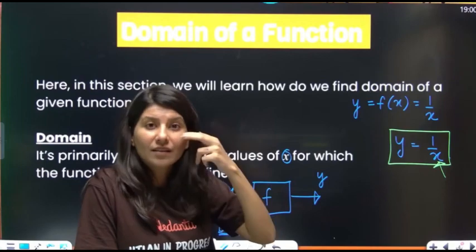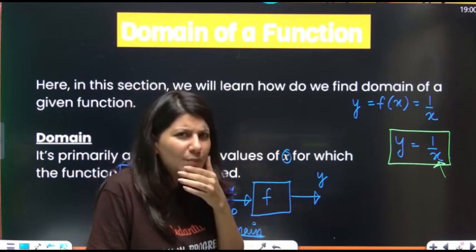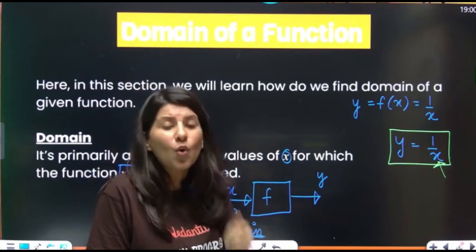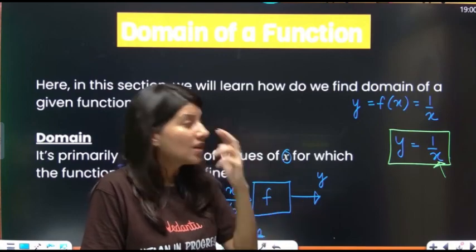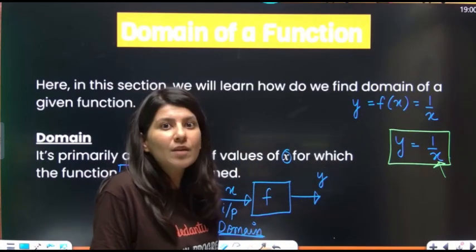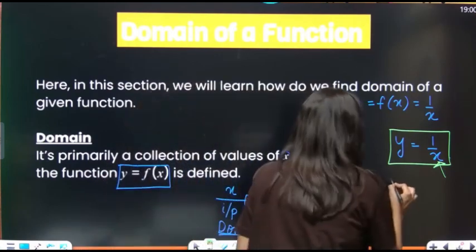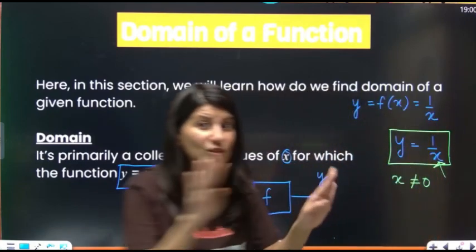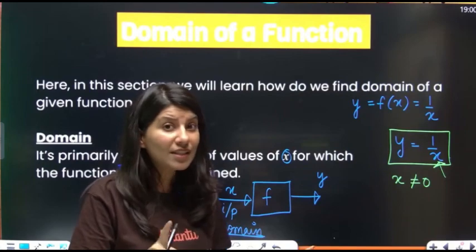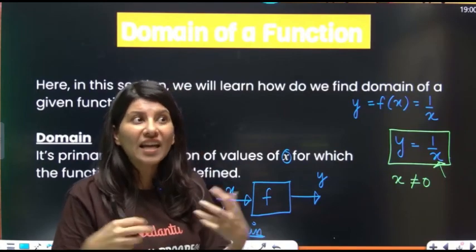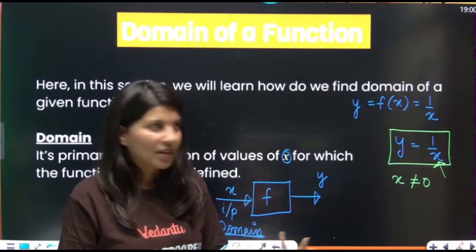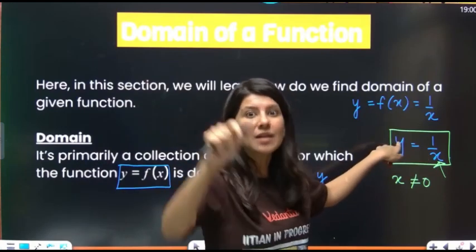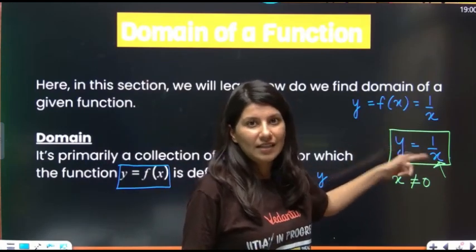Don't think like, shall I put 1? Shall I put 2? Shall I put 3? No. Think differently. Think in reverse. What should I put so that this becomes not defined? If I put x = 0, then your y will be 1/0, which is not defined. Except 0, I am not able to find any other input at which your y becomes not defined, right?